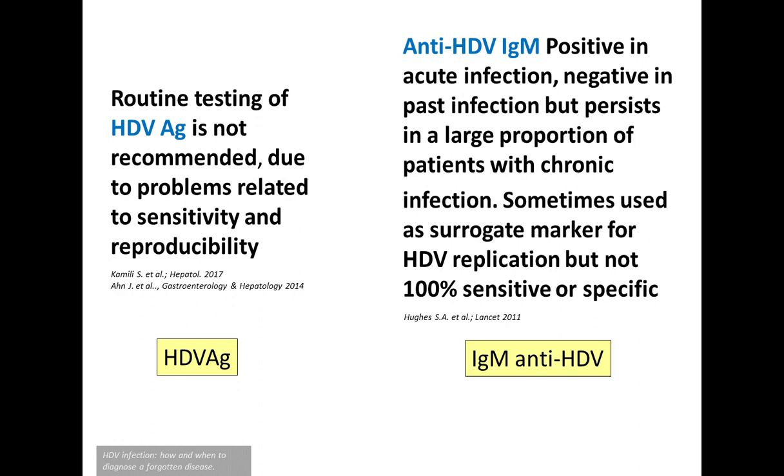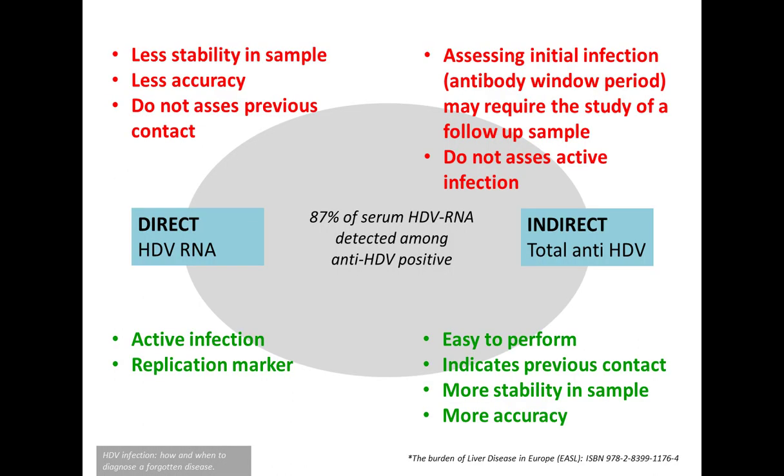That's why antibodies of the IgM class against Delta virus currently are not recommended for assessing acute infection. This parameter has been sometimes used as a surrogate marker for viral replication, but currently is not considered to be 100% sensitive or specific for this purpose.